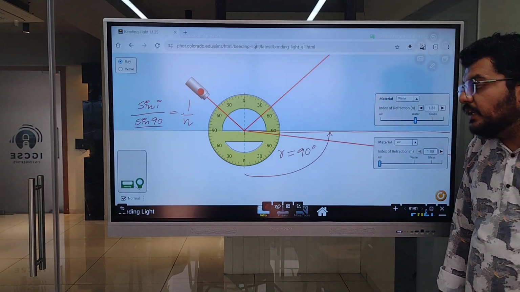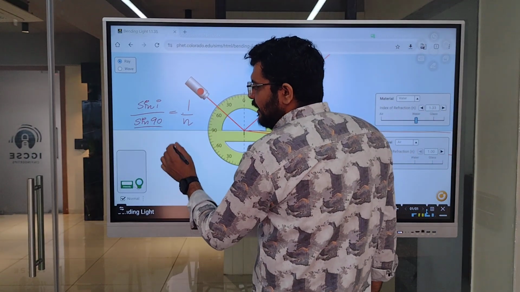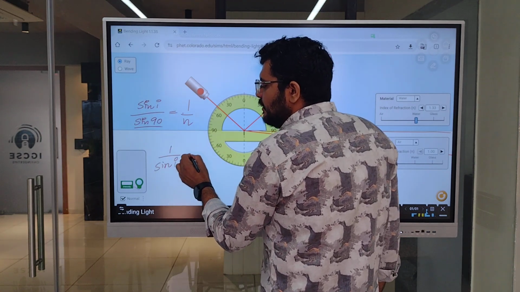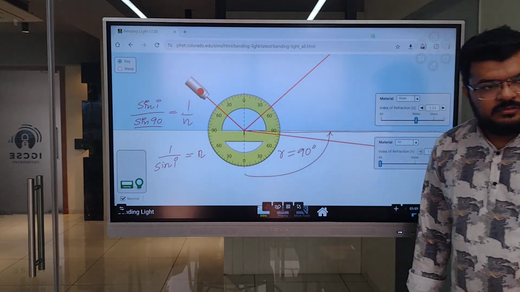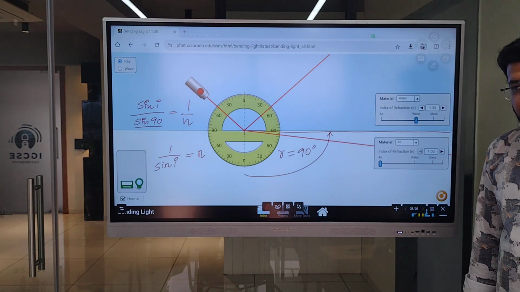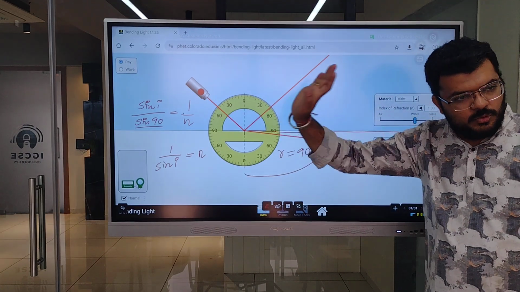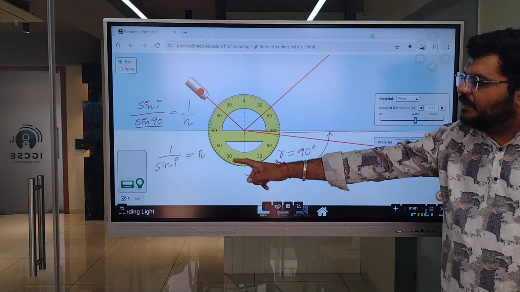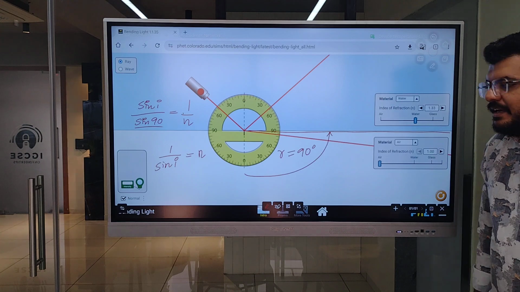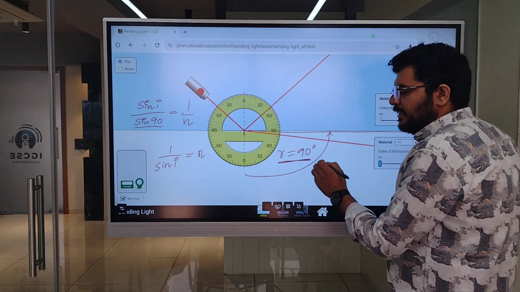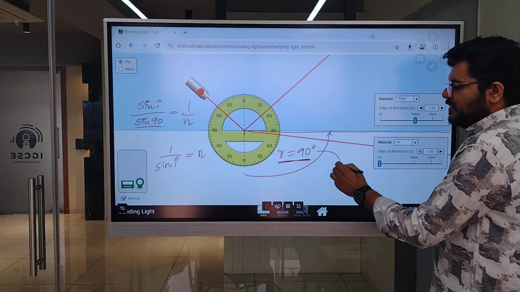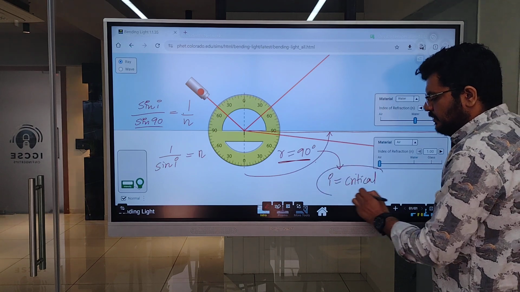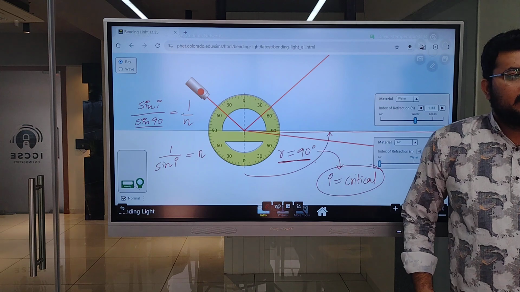Now, what is the value of sin 90? 1. So if I reciprocate this, can I write 1 upon sin i is equal to n? I have taken the reciprocal on both sides because sin 90 is 1. And the angle of incidence at which the angle of refraction becomes 90 is called the critical angle.